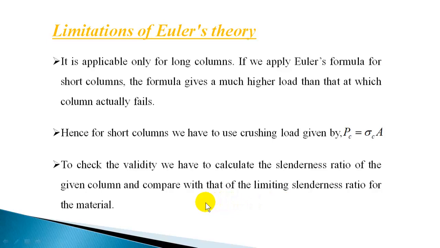If the slenderness ratio of the given column is greater than or equal to the critical value of slenderness ratio for that material, only then can you apply Euler's formula. If it is less than the critical value of slenderness ratio, Euler's formula is not valid. So this is a main limitation.